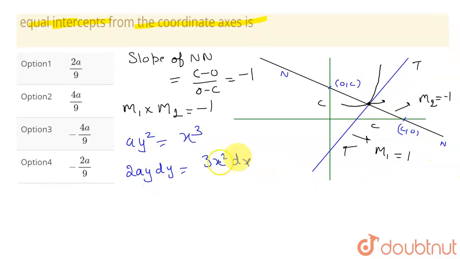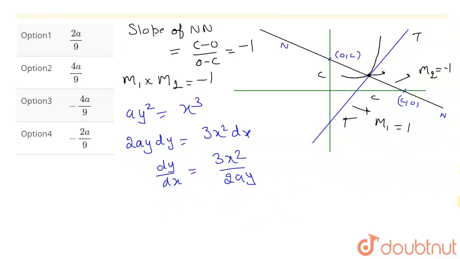So the derivative at any point, dy by dx, will be equal to 3x square upon 2ay. This is my derivative at any point. But we have to calculate this at the point where the tangent has a slope equal to 1. So my dy by dx should be equal to 1 at this point, say x1 y1.